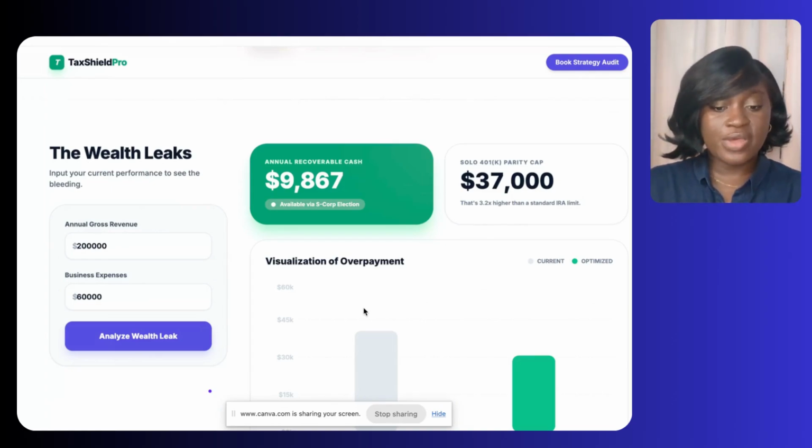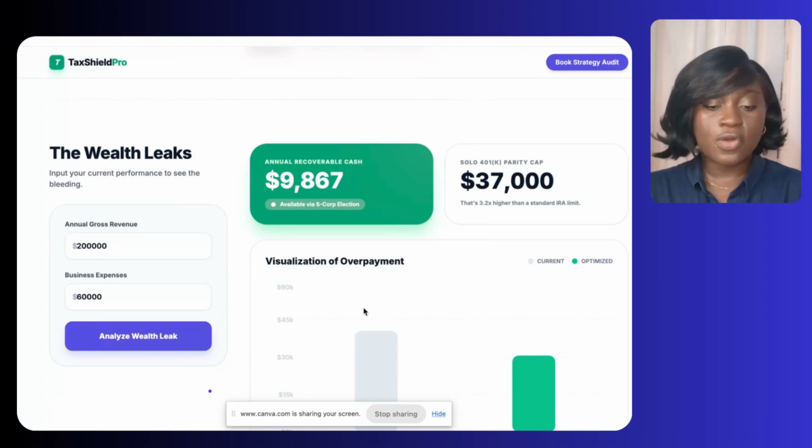It's telling you right away, if you have a sole proprietorship setup, you might not be able to recover this kind of cash. Also, for the solo 401k parity cap, it tells you how much you have and how many times higher it is than the standard IRA limit, which might be what your 9-to-5 friend is getting. It serves as sort of an ego boost for the freelancer or digital entrepreneur.